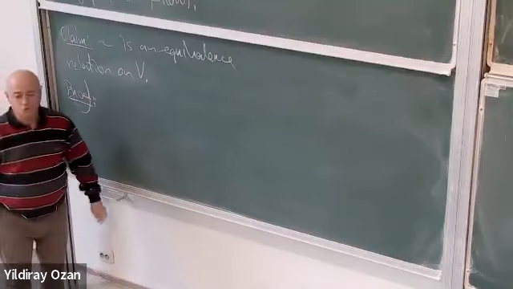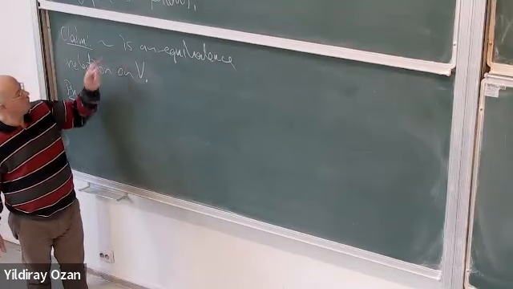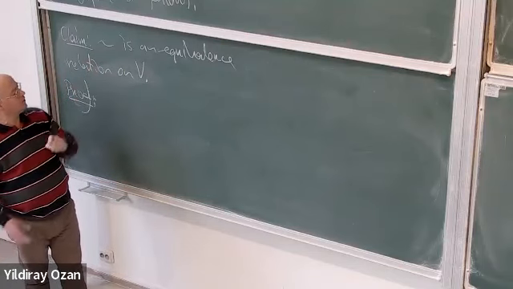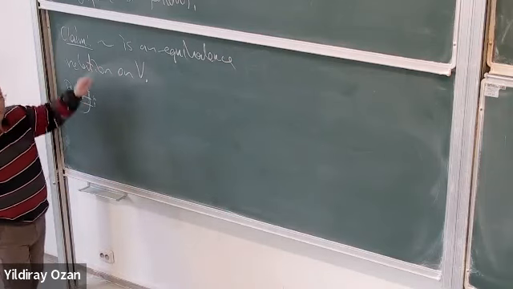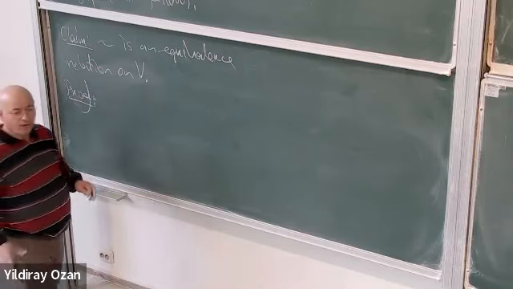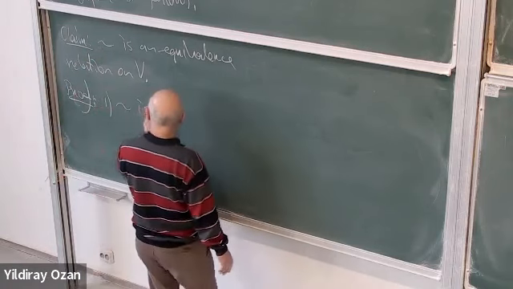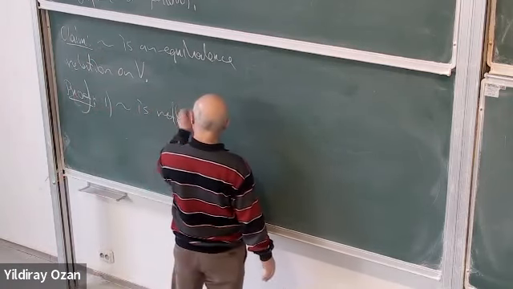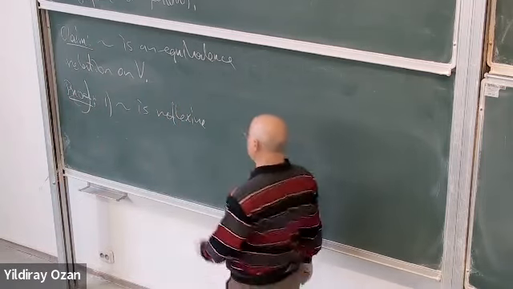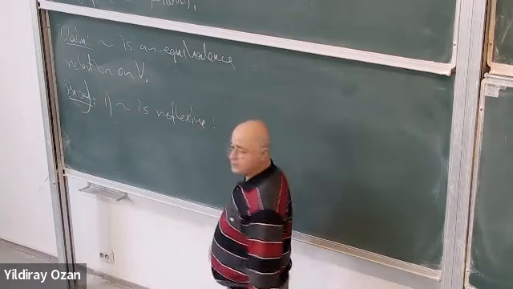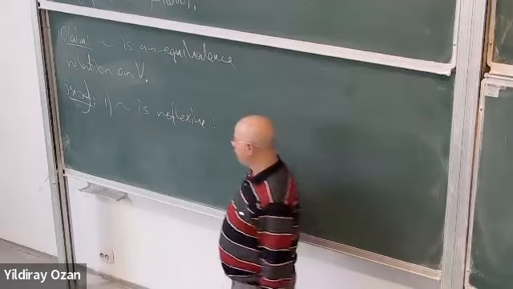Now, what should we show so that this is an equivalence relation? Yes, we have to prove three things. It should be reflexive, symmetric, and transitive. Reflexive means any vector should be related to itself.